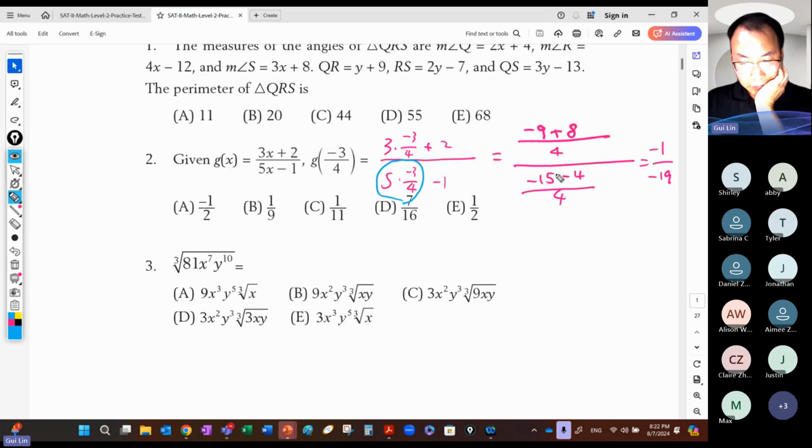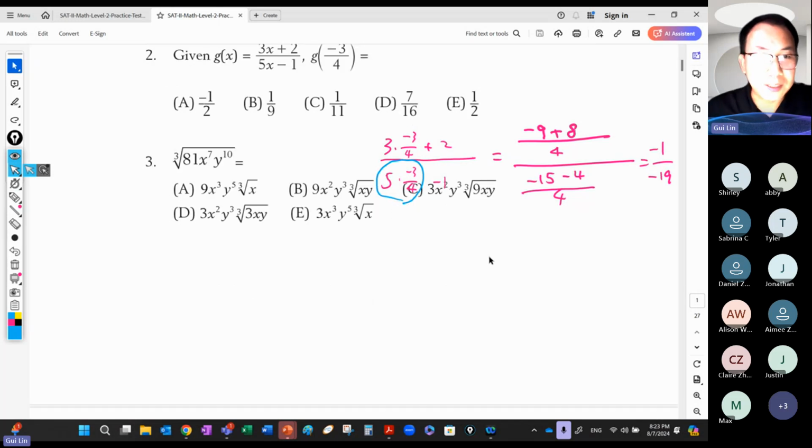Minus 4 plus 8. So you get negative 1 over 4. Here's negative 19 over 4. Where did I put it wrong? Guys, help me. Come on. Can anyone correct me? Which part is wrong? Hello? No answer. All right, let's see.